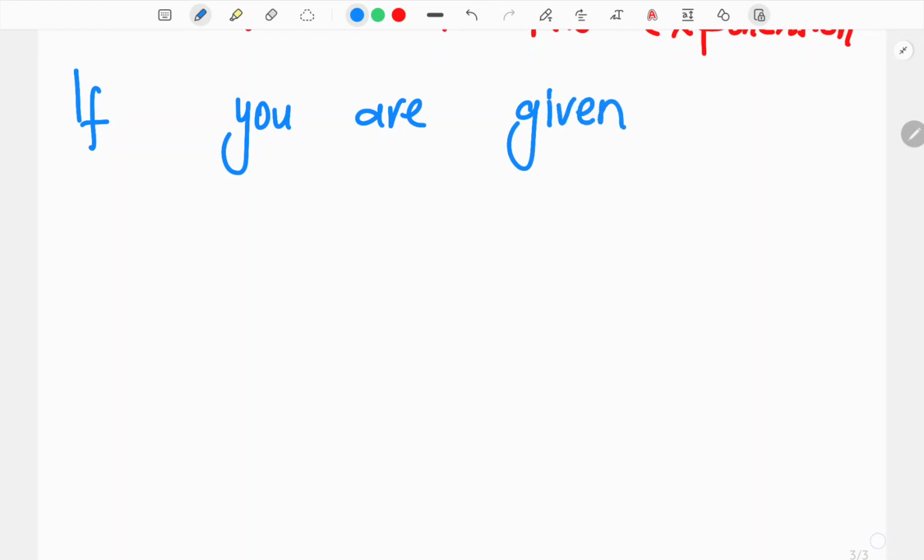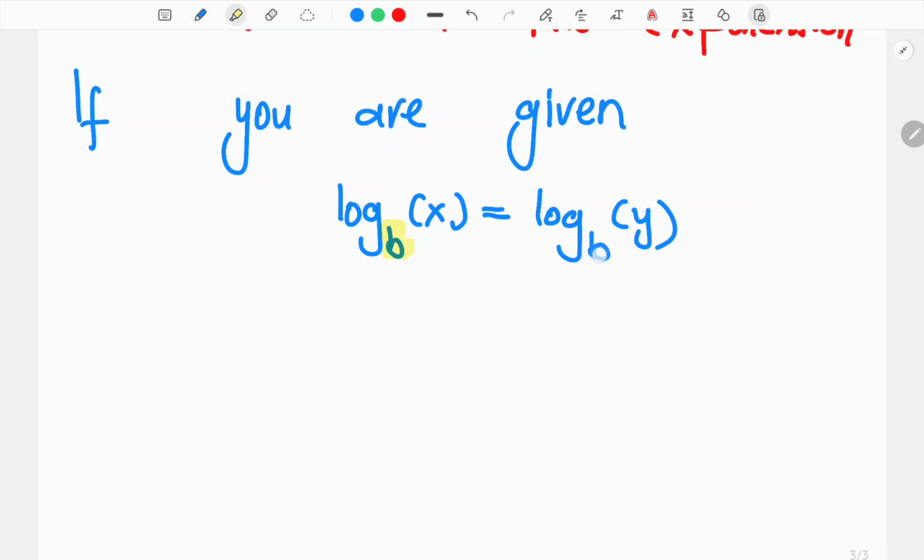So let's say you're given log base b of x is equal to log base b of y. In this case, what is happening? We have the same bases. The bases are the same, right? What happens?